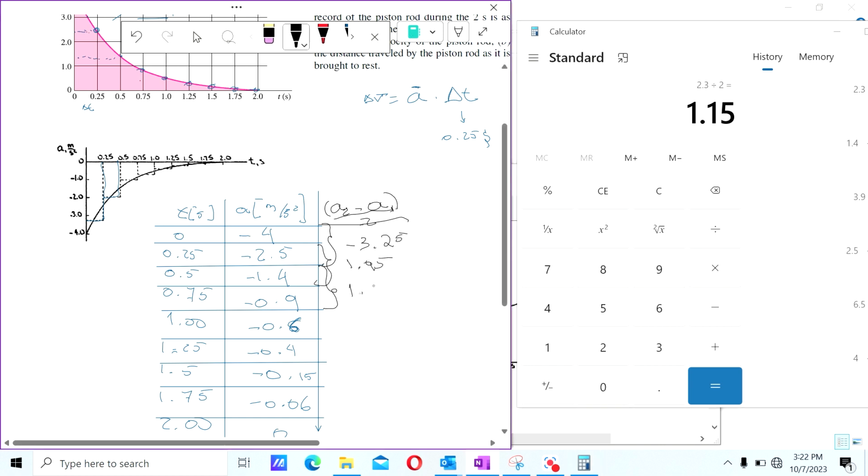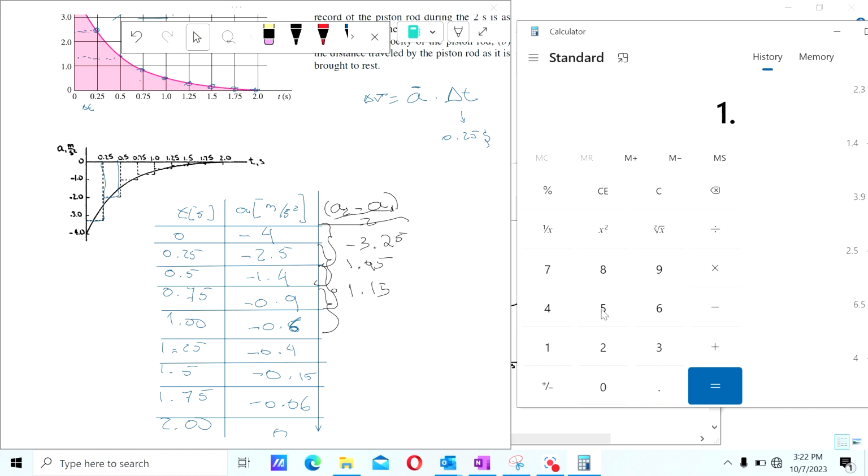Where's my pen? 1.15. Then the next one is 0.9 plus 0.6 is 1.5 divided by 2, 0.75.